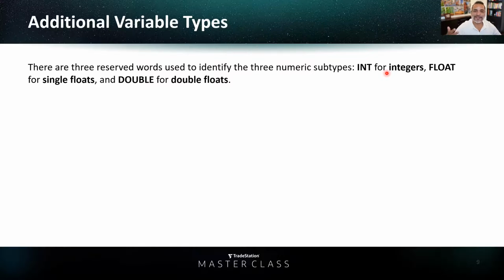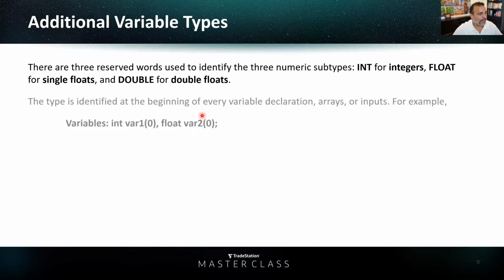For the variables that I use, my code is usually very simple, so I usually don't type my variables. But if you know that a variable will hold an integer without decimals, sometimes it's smart just to type it, but it's not required. Float for single floats and the word double for double floats.